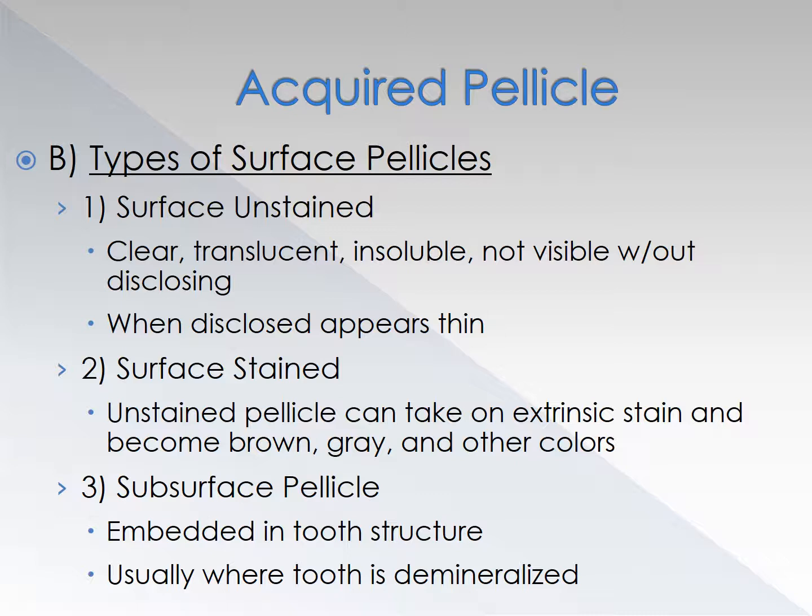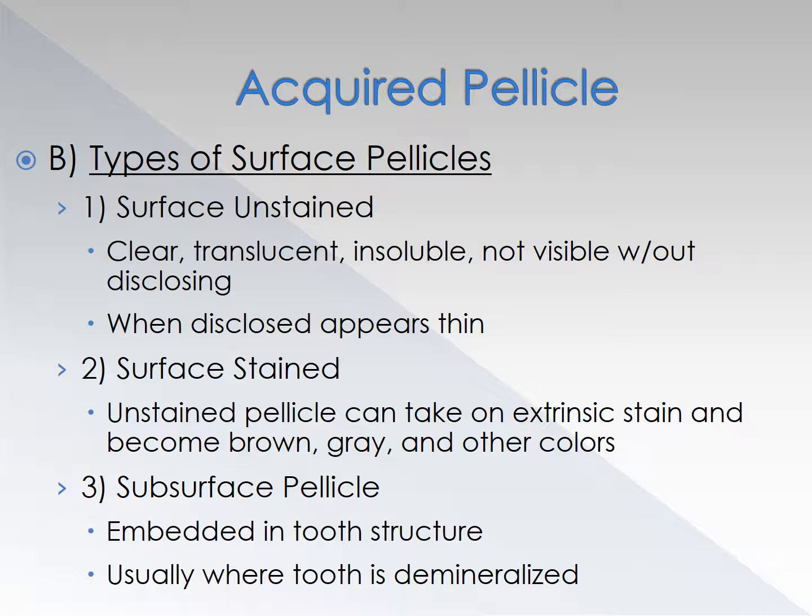When stained with disclosing solution, pellicle appears thin with just a really pale staining that contrasts with the thicker, darker staining of the biofilm. Okay, so when you've had your teeth disclosed, you'll notice that everything's just kind of a pale pink, but then those darker pink areas stick out to you. That's the biofilm. The acquired pellicle is the pale pink.